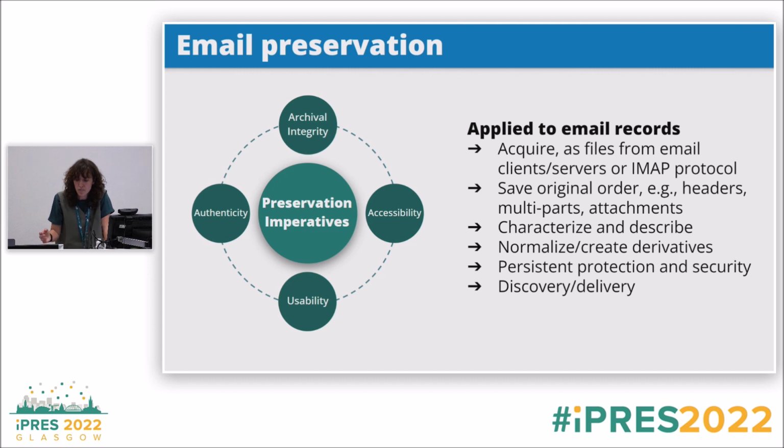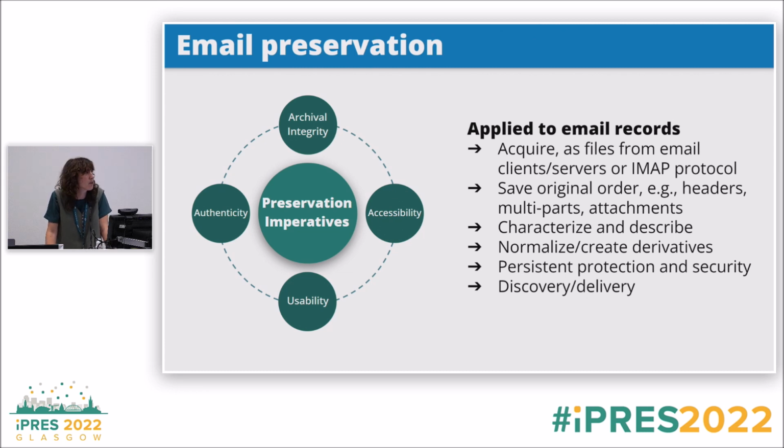There can be multi-part bodies, attachments, normalized derivatives or the original form of attachments. There might be some protection and security you need to think about, due to the sensitive nature of email correspondence. In terms of authenticity, we might be thinking about preserving original order or the original directory information.